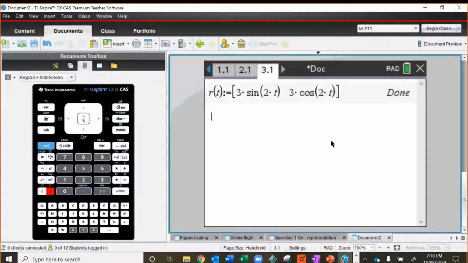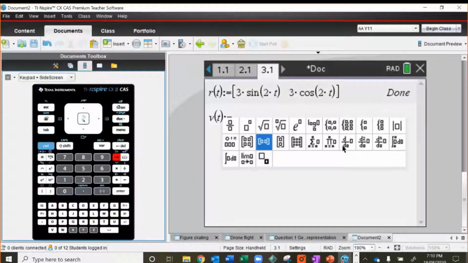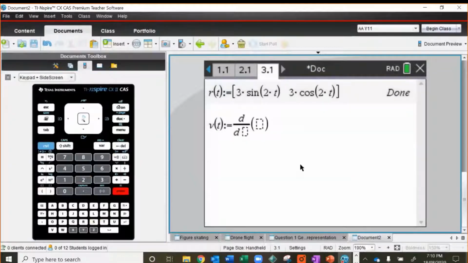And that's done. So velocity at any time, again, will be equal to the derivative with respect to time of our position vector.